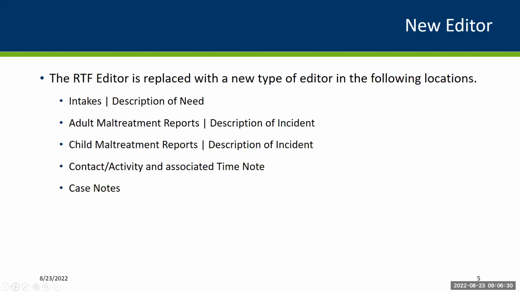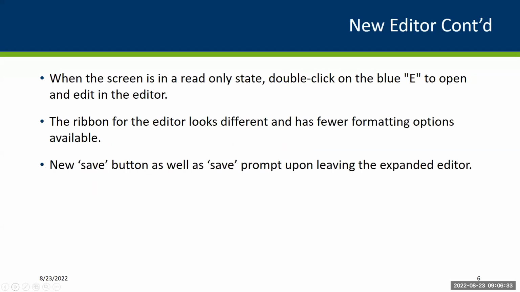If you want to go to the next slide there, Renetta, thank you. So to resolve the issues that had been frustrating workers, the editor is now significantly simplified and should resolve the various issues that the workers had been experiencing within the expanded editor.